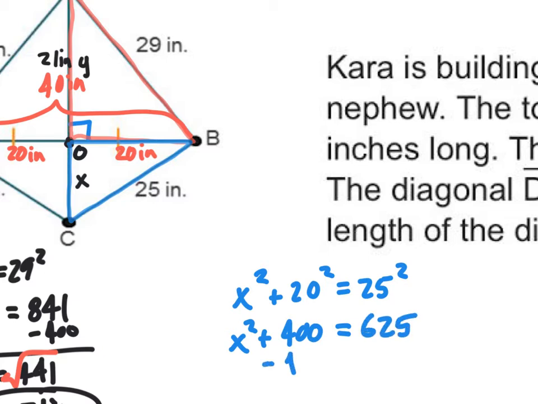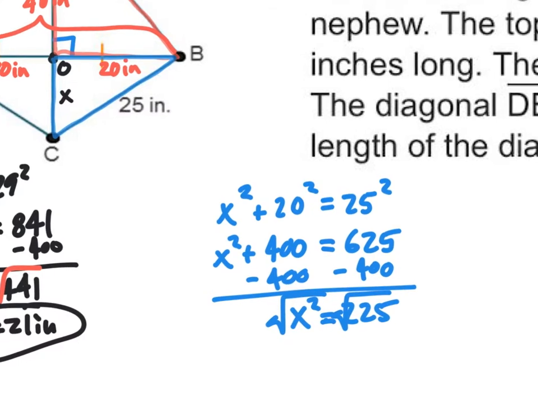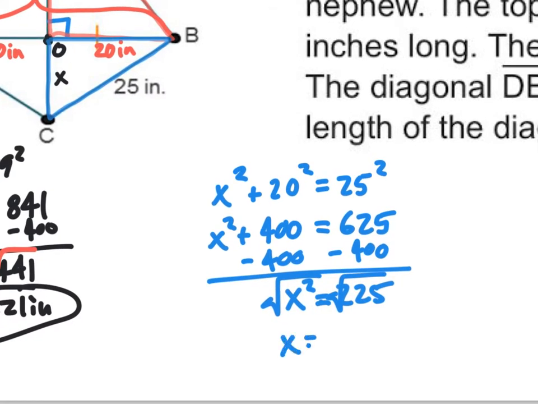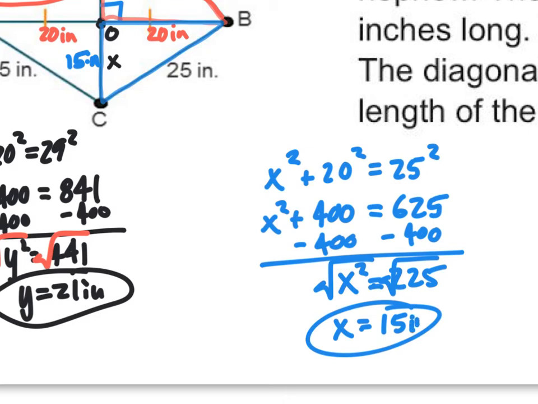If I subtract 400 from both sides, then I'm going to get that x squared is equal to 625 minus 400, which is 225. If I take the square root of 225, I should get 15. And so I do. So x is equal to 15, and that length here I'm going to label as 15 inches. Let's make sure we label that here with inches as well.